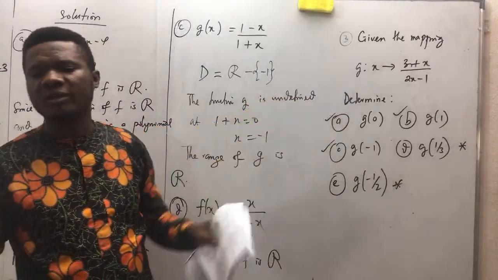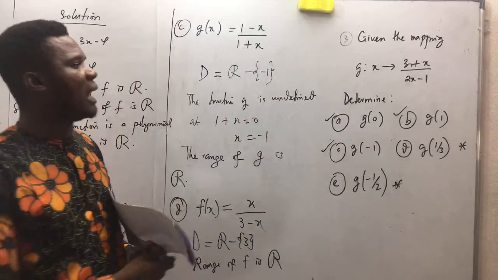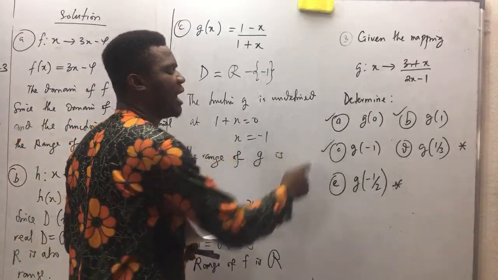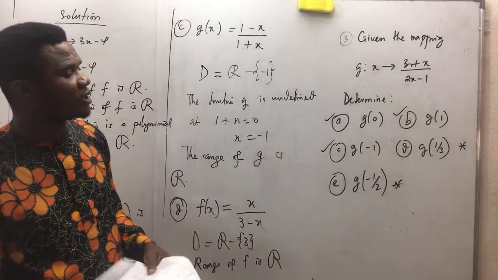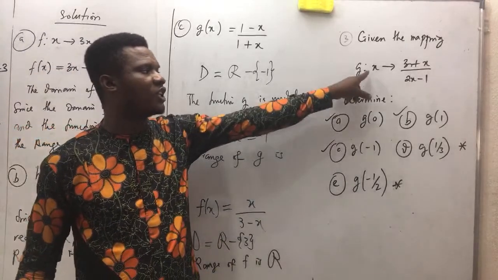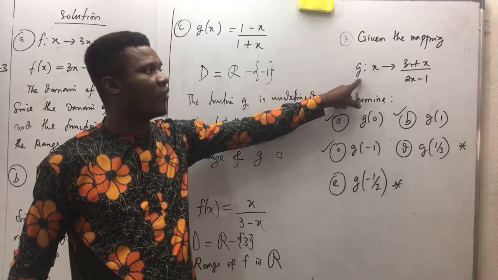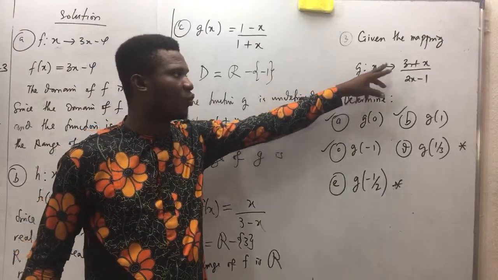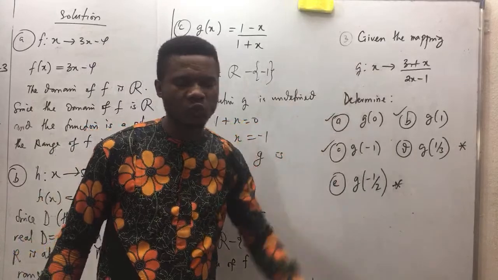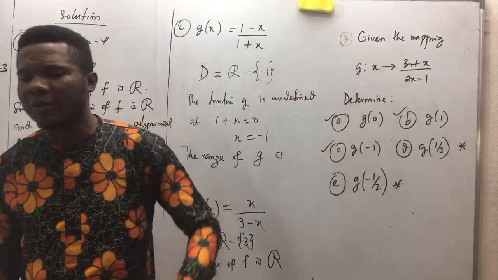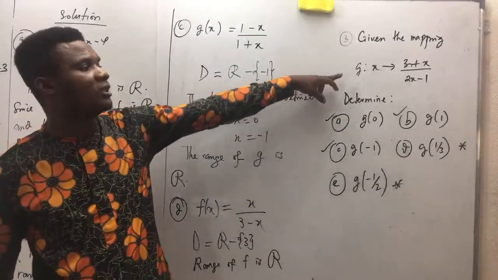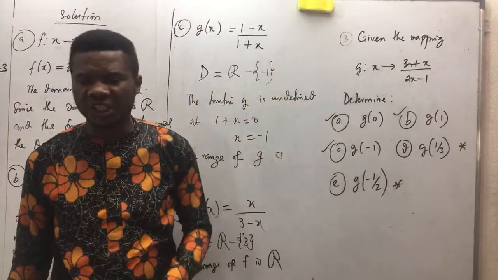Somebody in the live section should tell me, what is the largest domain of this function? g of x equals 3 plus x all over 2x minus 1. Who can tell me in the comment section what the largest domain of this function g is?